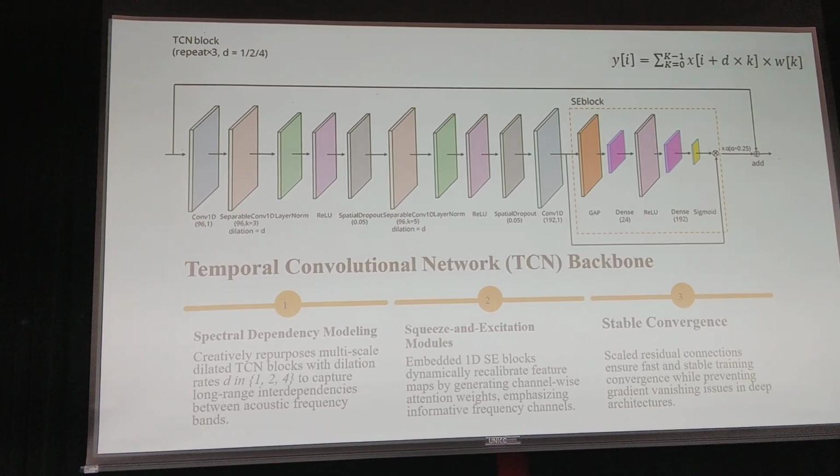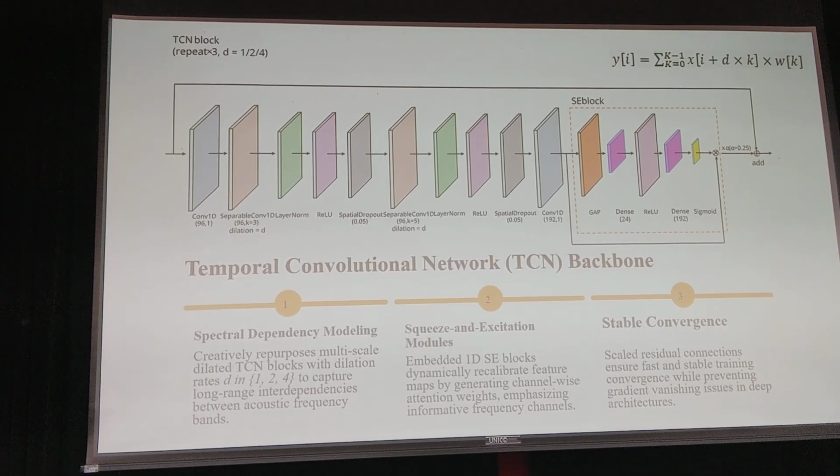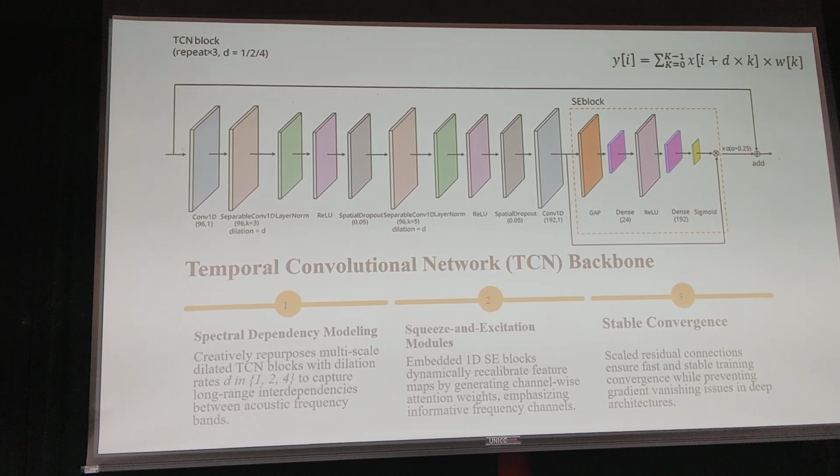Furthermore, we embedded 1D squeeze-and-excitation modules to generate attention weights, allowing the network to dynamically recalibrate its feature maps, while scale residual connections ensure fast and stable convergence.